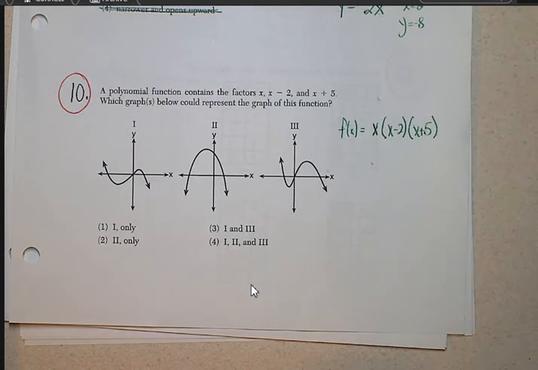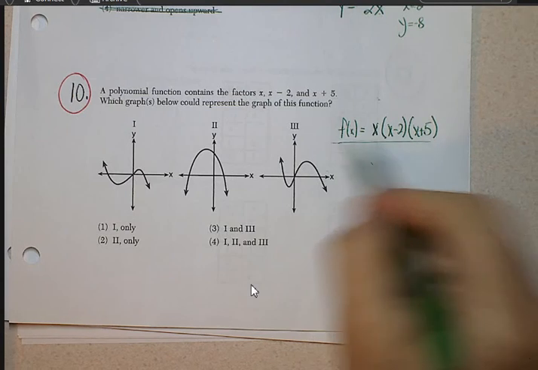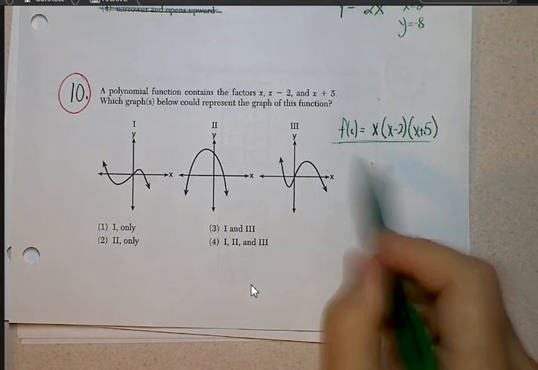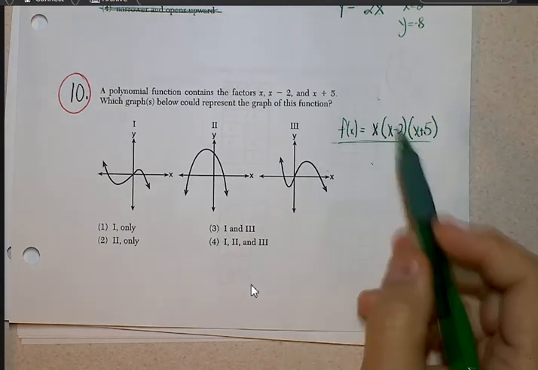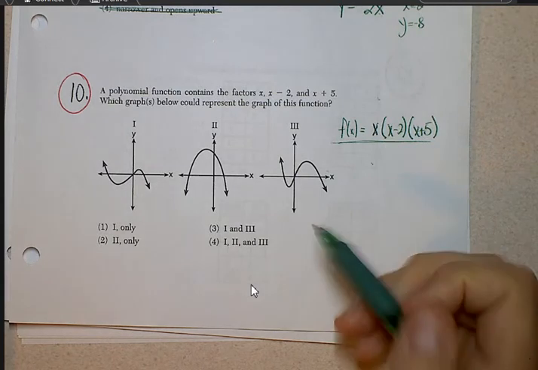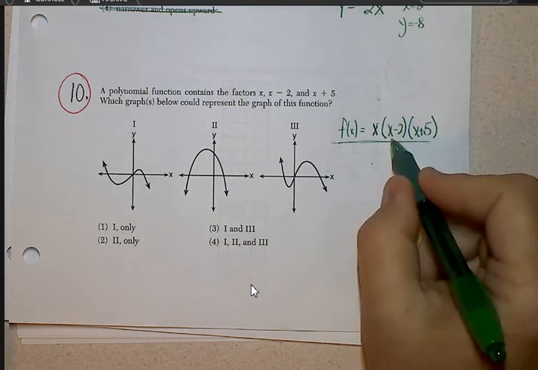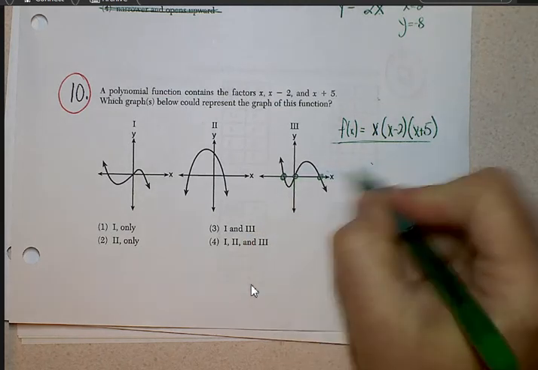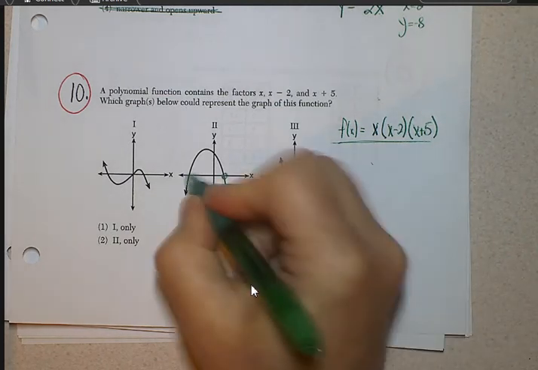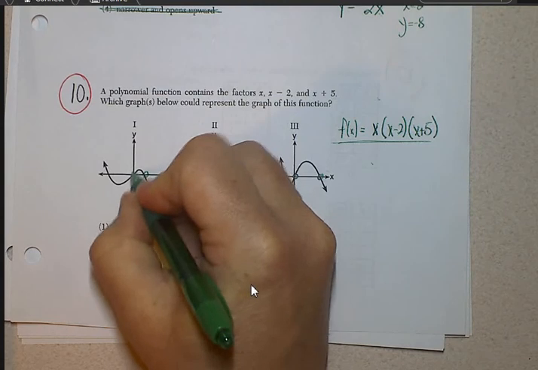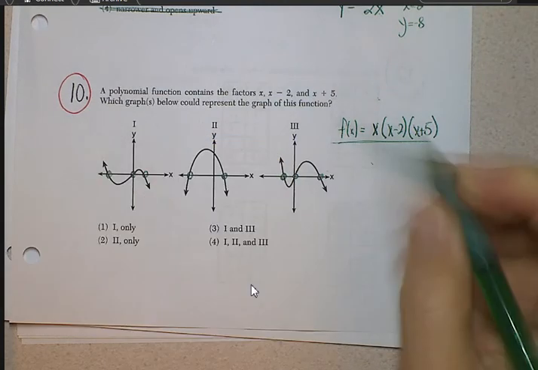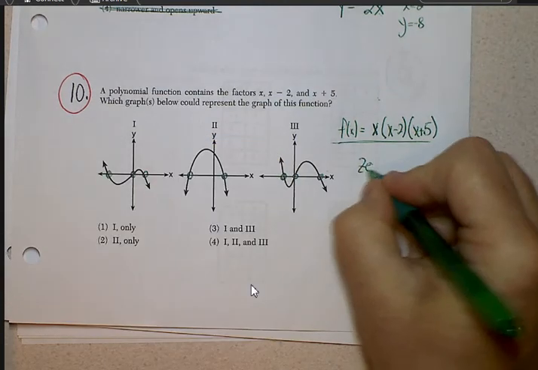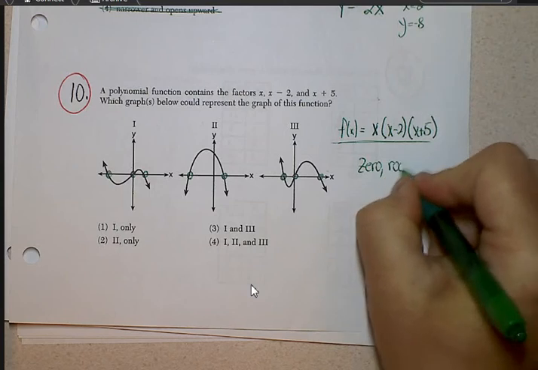So this is your polynomial right here. Now we could multiply them together and see what this thing looks like, or you can just remember that a polynomial is going to cross the x-axis at its roots, or a better word for roots is going to be at its zeros. So we have zeros, we have roots, and we have solutions.